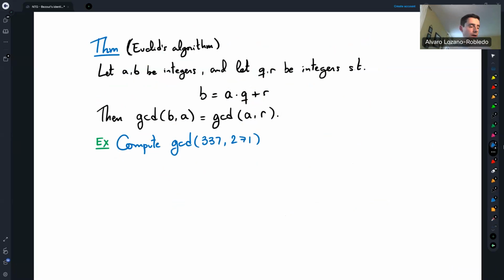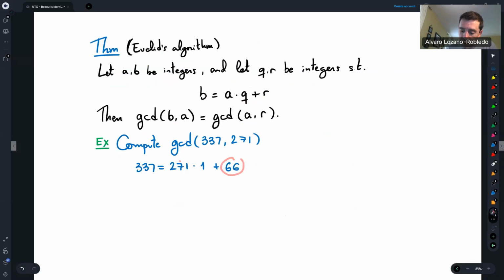So we have here a long division of 337 by 271. 271 goes once into 337, and I get a remainder of 66. Then what we do is take 271 and divide it by 66, because, well, we'll see in a moment why this all works. This is 66 times 4 plus 7.